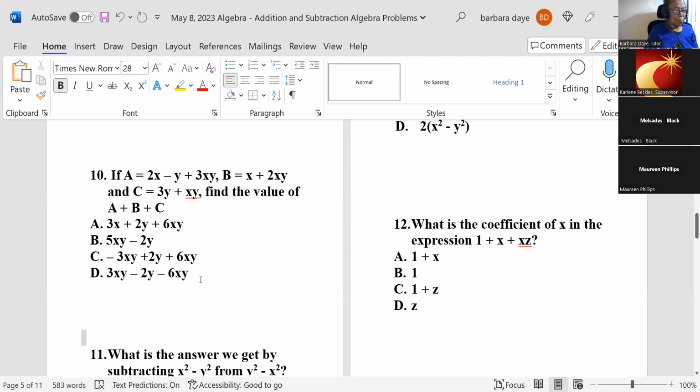Oh, so A is 2x minus y plus 3xy. B equals x plus 2xy. So that's 2, 3, that's 5. That's got to be B then. We have 2x, 3xy and 2xy, okay? Yeah, it's got to be 5.